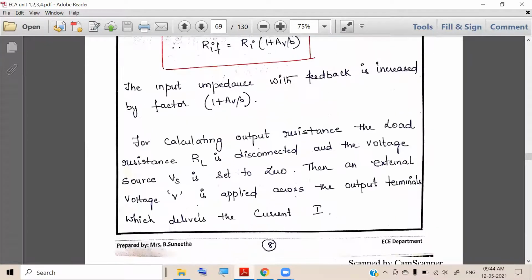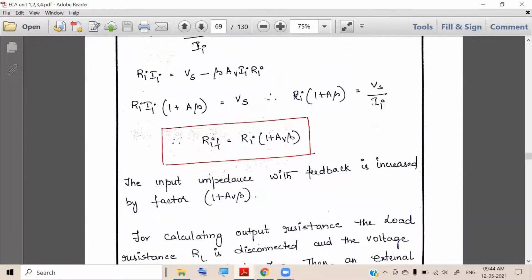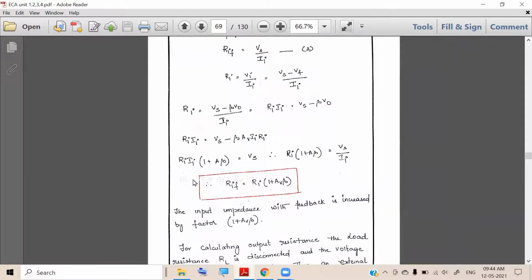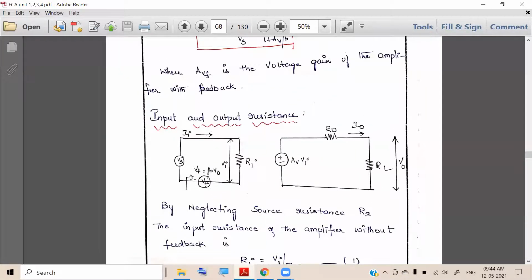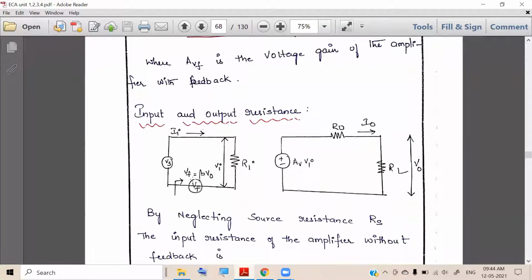So here let us once again see the circuit. Now for finding output resistance, R_L open circuit, then V_s 0, then connecting a voltage source V naught.